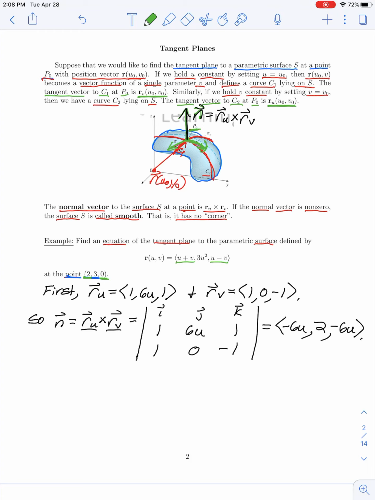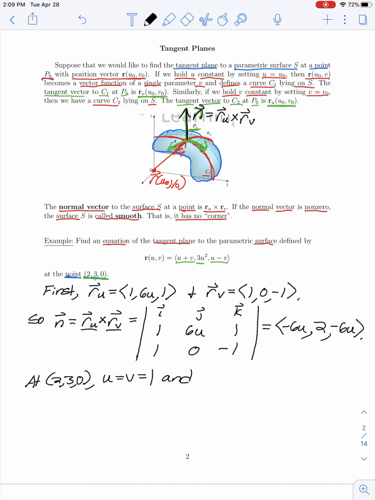Since u and v are equal, 2u equals 2, so u equals 1, and v is also 1. We can see that if u is 1, the middle value for y does indeed give us 3. So at our point of interest, (2, 3, 0), the parameter values for u and v are both equal to 1.